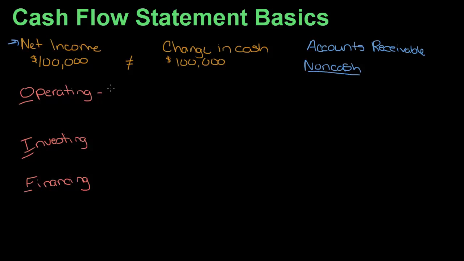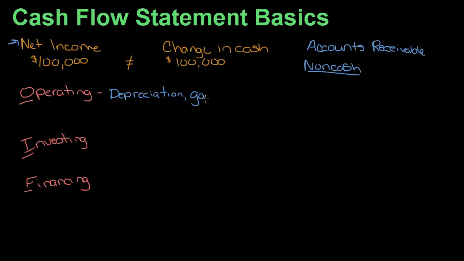Non-cash items are things like depreciation, amortization. Okay, depreciation is a non-cash item. Think about it. When you record depreciation, what are you doing? You're accounting for the depreciation expense, but your offset to that is not a cash account. It's accumulated depreciation. So there's no cash, okay?